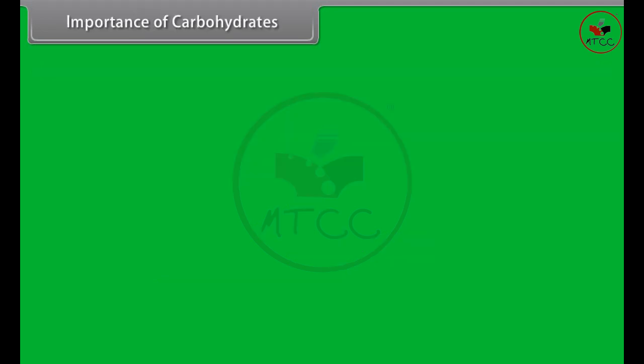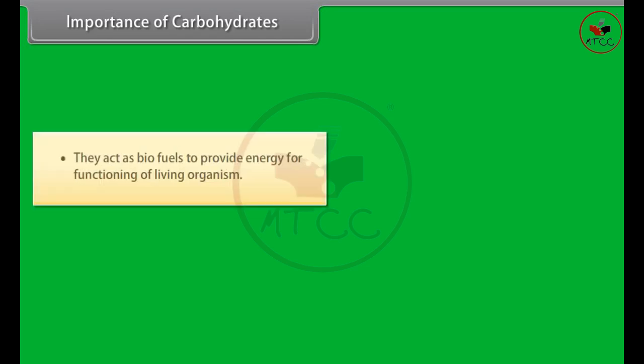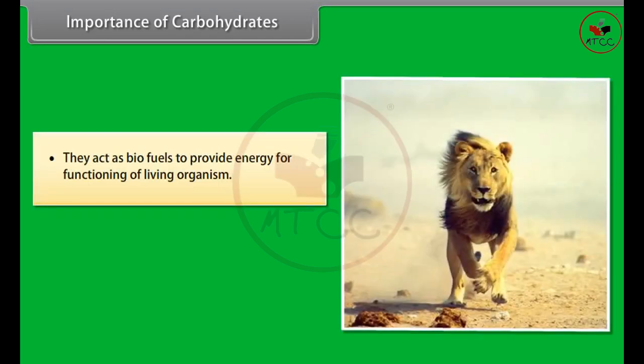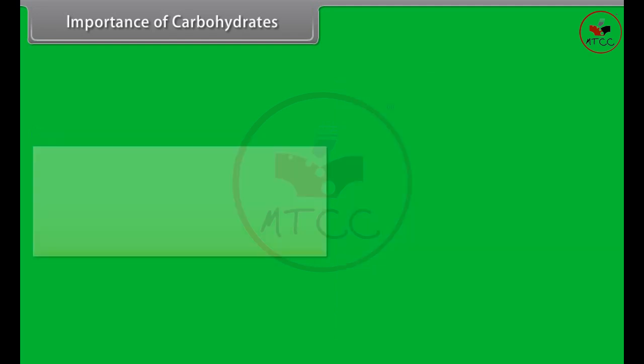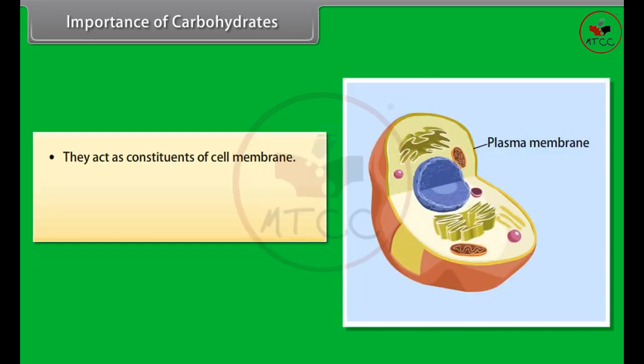Importance of carbohydrates. They act as biofuels to provide energy for functioning of living organisms. They act as constituents of cell membrane. It helps in breakdown of fatty acids and preventing ketosis.